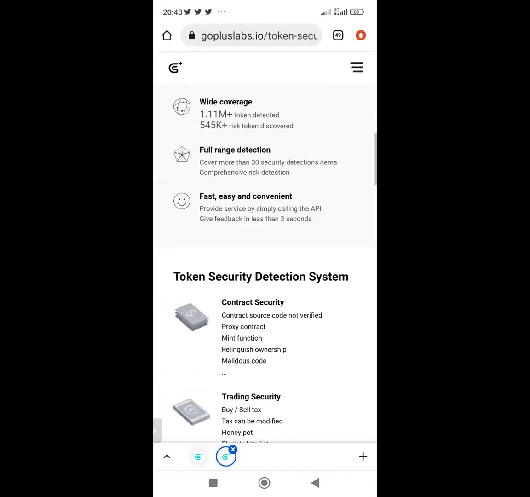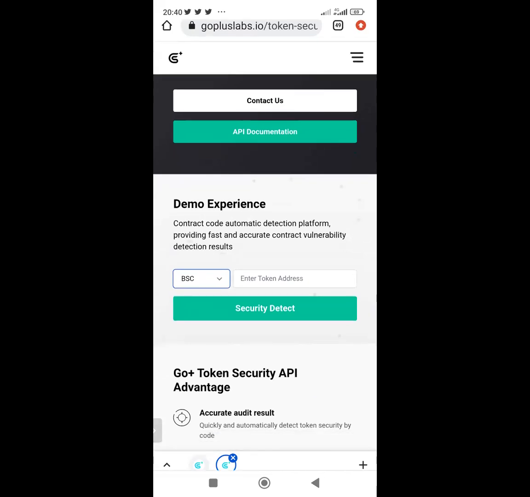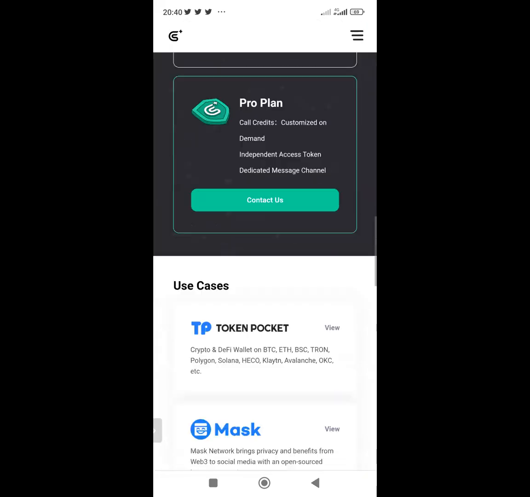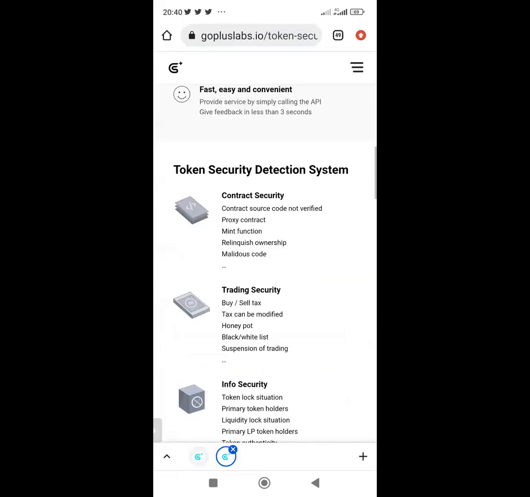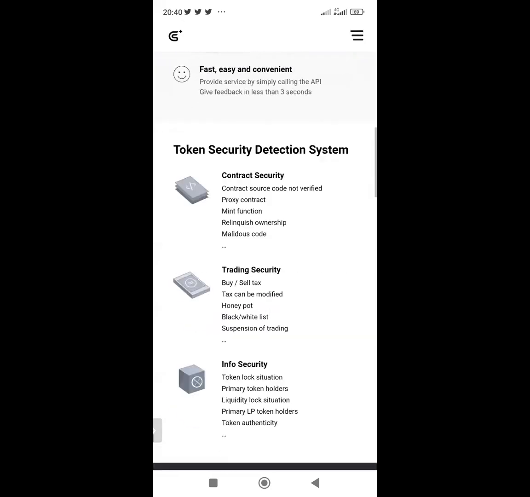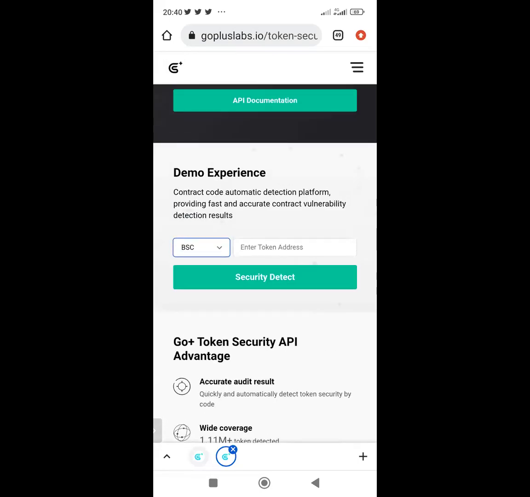Let's take for example now. Let's pick a particular coin. Who can help me get the RCA contract address? Paste it on our group. Can anyone do it for me?